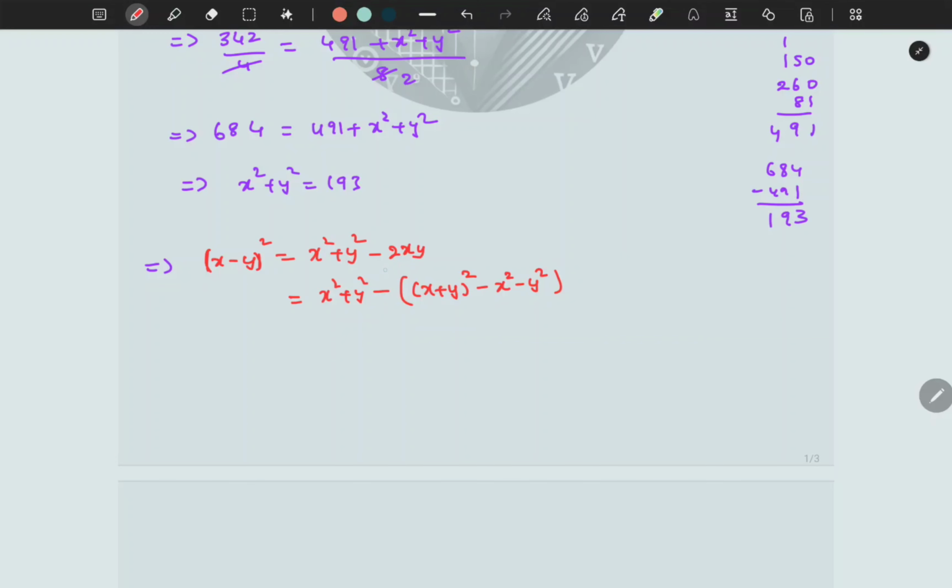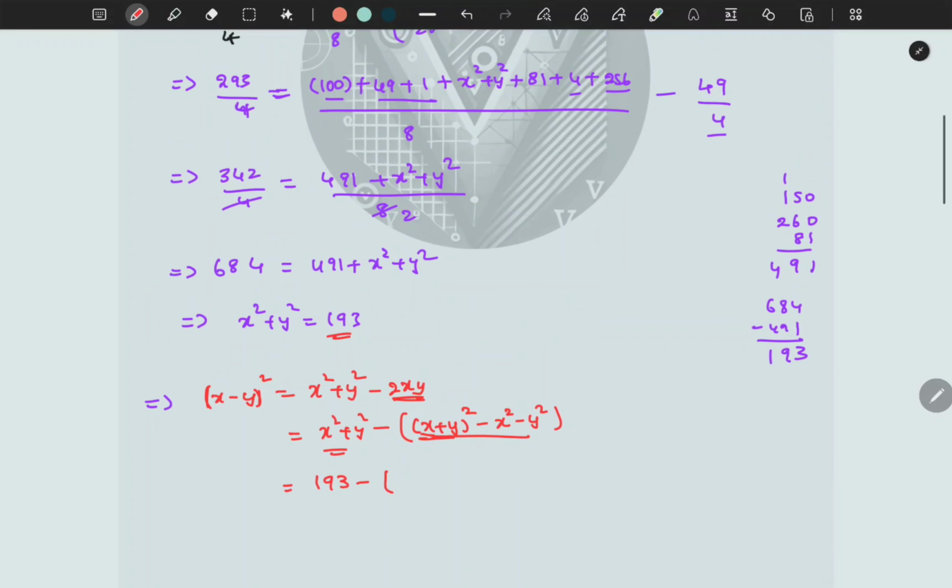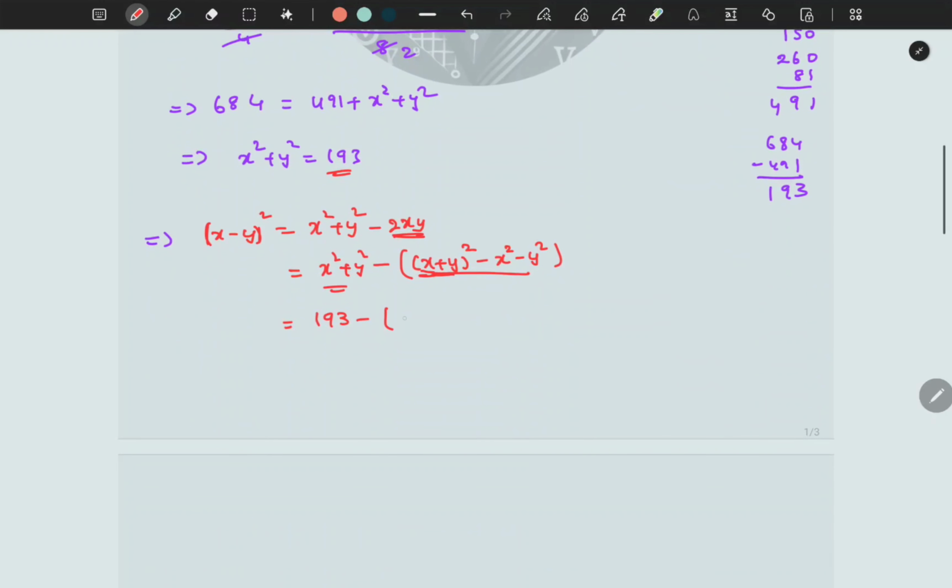Correct? Because if I expand this, I'll be getting 2xy. What is the advantage of this? x square plus y square is anyway 193, and x plus y we know is 19. So here we write 19 square, and if I take minus common here, again we get x square plus y square, which is again 193.